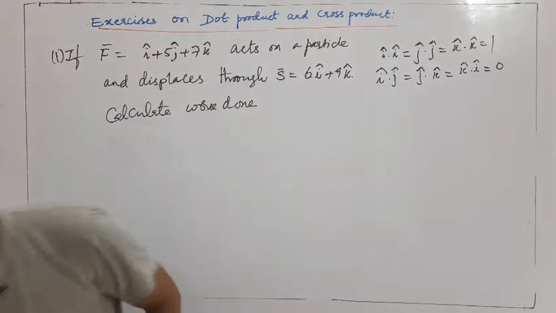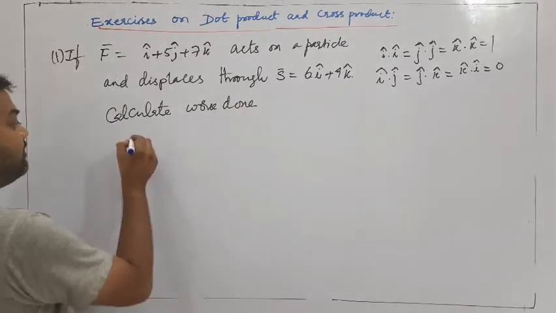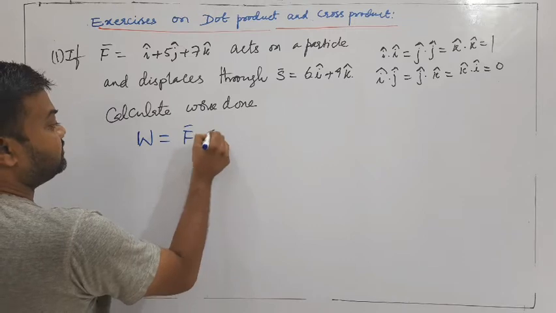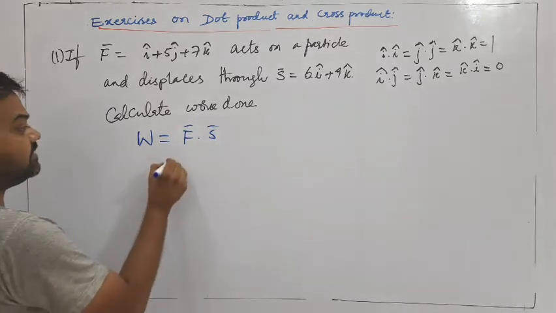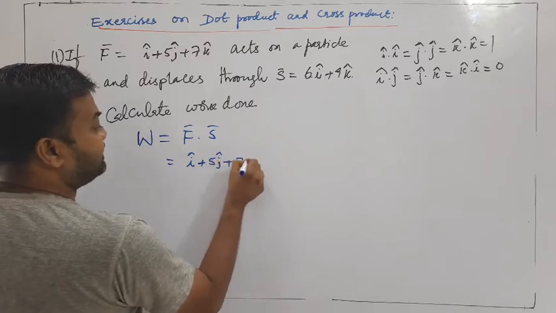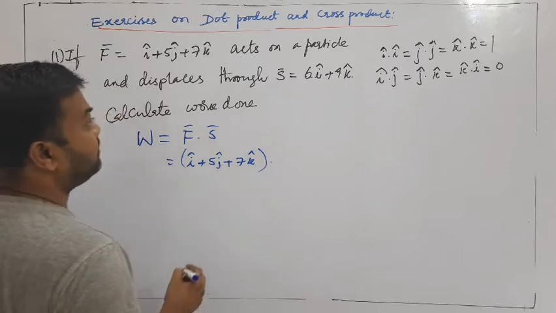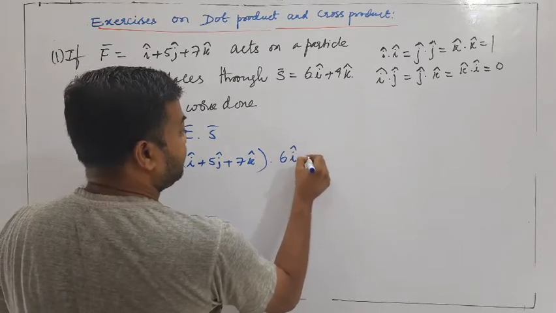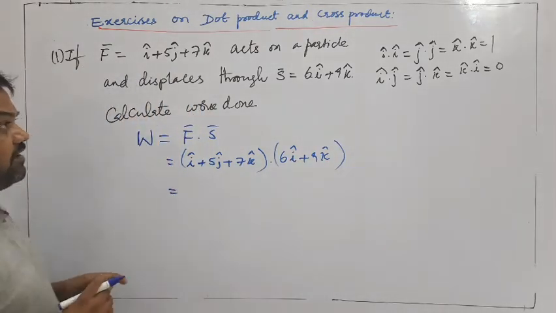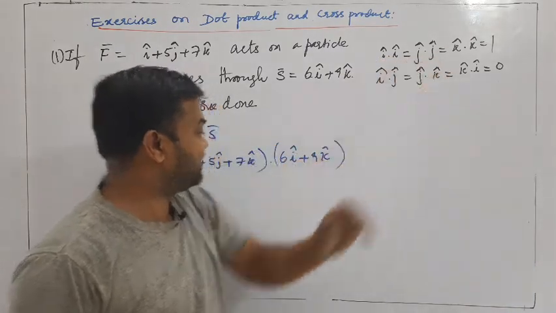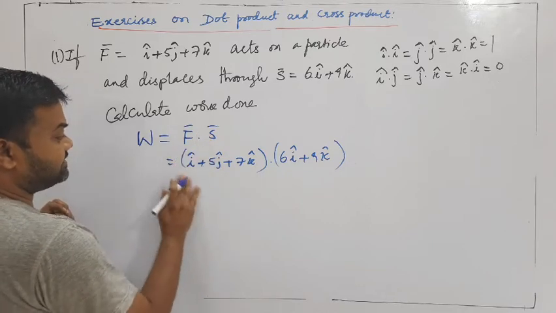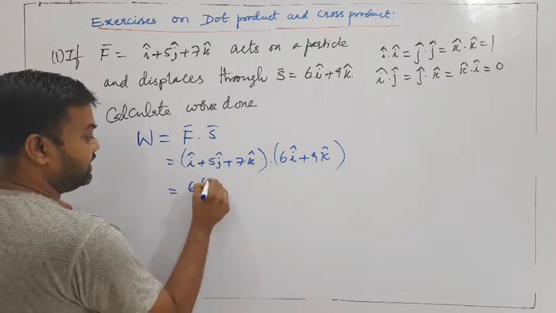Already you know the work done formula. Work done is the best example for dot product, and work done is the product of F and s, that is F bar dot s bar. From that we can write F bar, i cap plus 5j cap plus 7k cap, dot s bar, which is 6i cap plus 9k cap. Simply we have to do i and k. Here we multiply 6 into i cap dot i cap.